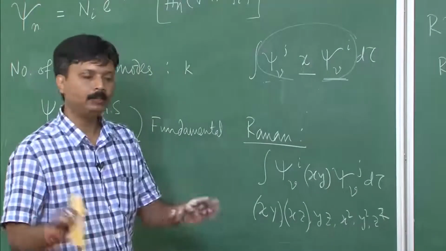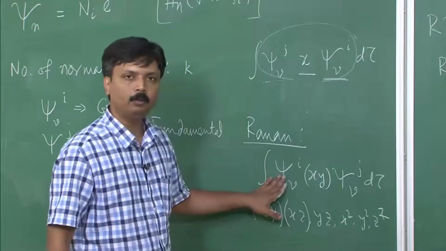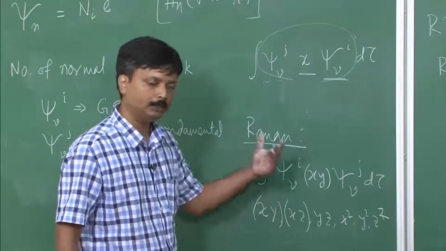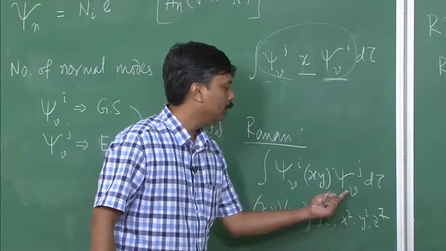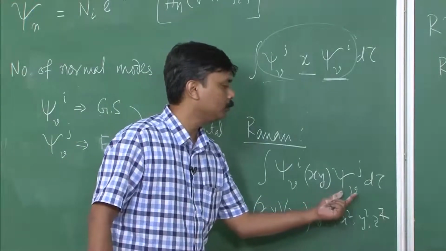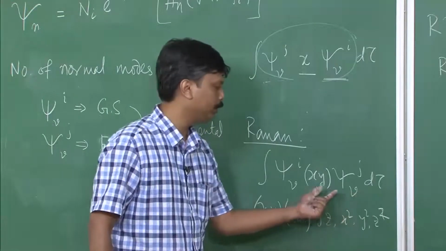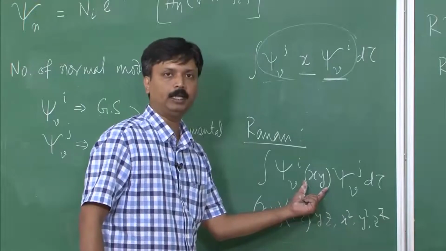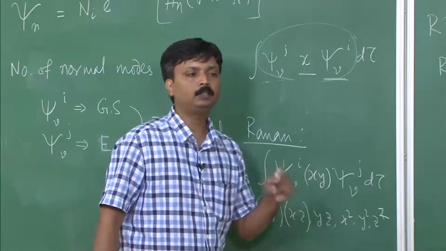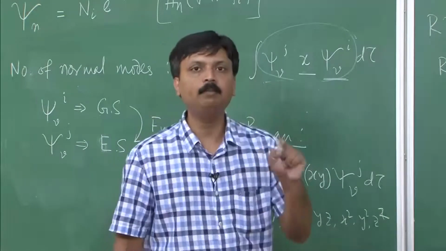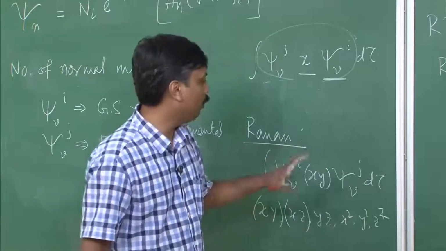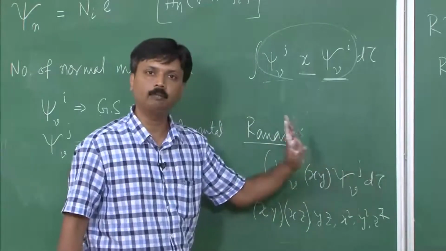The case becomes the same again. This I am not worried about because this already belongs to the totally symmetric irreducible representation. Now this normal mode, which is the excited state wave function, and this particular function xy, must form the basis of the same irreducible representation, and then only will this transition moment integral survive.